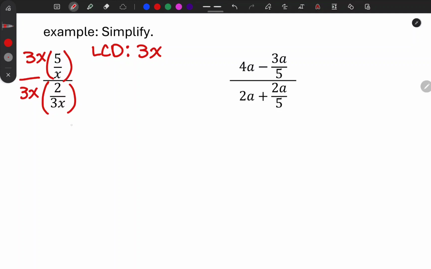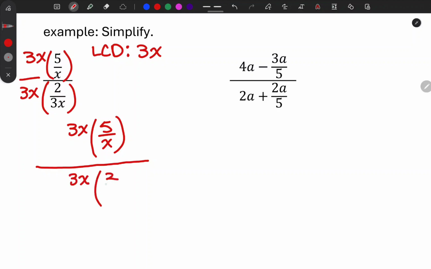Now just to make this really clear what I'm doing: 3x times 5 over x. And then I'm going to do a ridiculously large fraction: 3x times 2 over 3x. And if it makes it a little clearer for the fraction multiplication, you can write 3x over 1 for each of these.